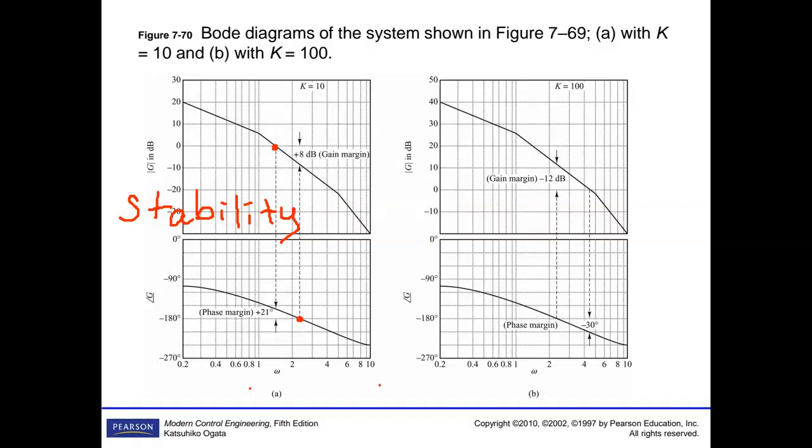Be careful, even though this is minus 10, this says plus. So we have a positive margin here, this much room. So it's a gain margin. So gain margin is positive, phase margin is positive, system is stable. However, here for 100, gain margin is negative and the phase margin is negative too. System is unstable.